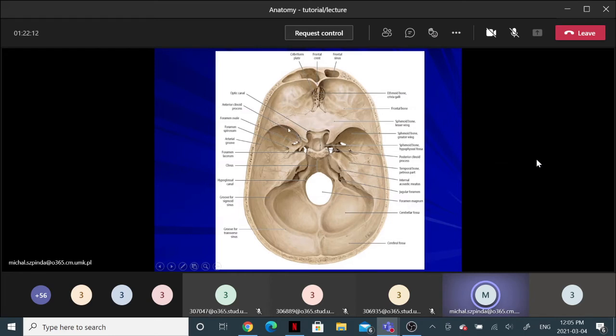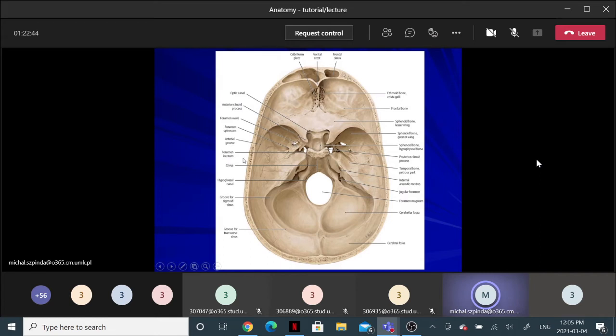Apart from this, the first branch of the trigeminal nerve, that's called the ophthalmic nerve. Through the foramen rotundum passes the second branch of the trigeminal nerve, that's called the maxillary nerve. Through the foramen ovale passes the third part of the trigeminal nerve, the mandibular nerve.